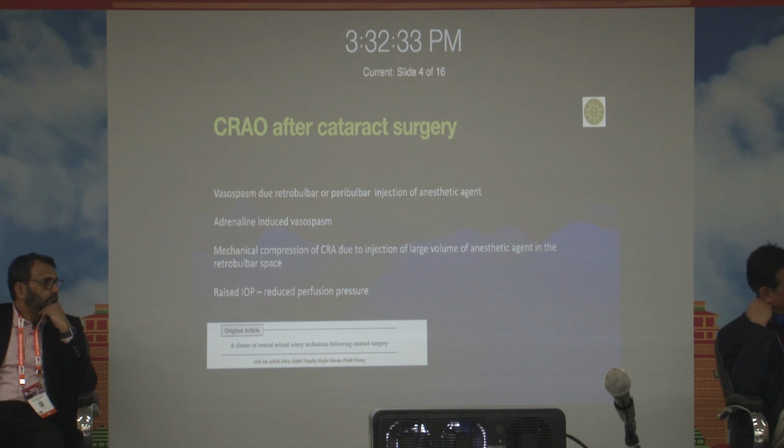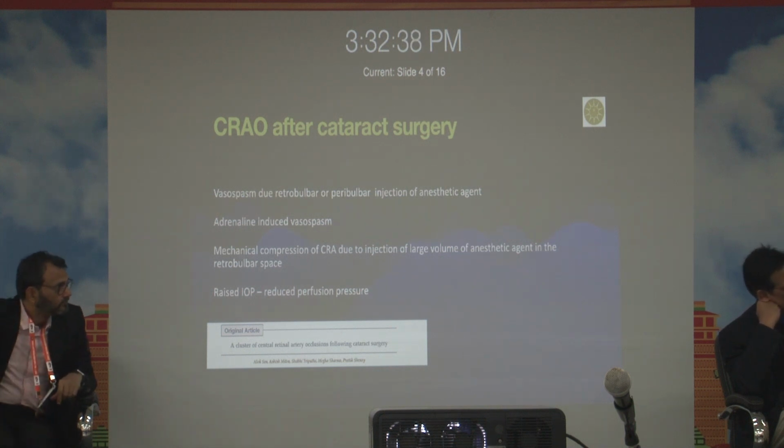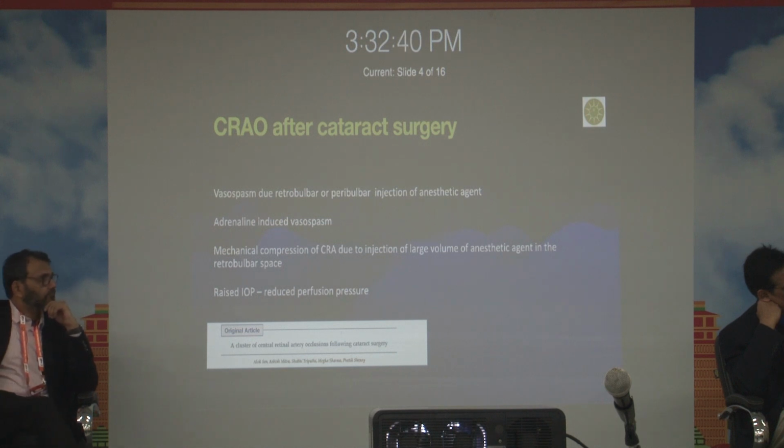We changed the ETO protocol, and after that we did OCT in all our subsequent patients who underwent anterior vitrectomy, and we did not get any. So probably we were not leaving enough aeration time for ETO, because that's the reason what we got in this cluster.